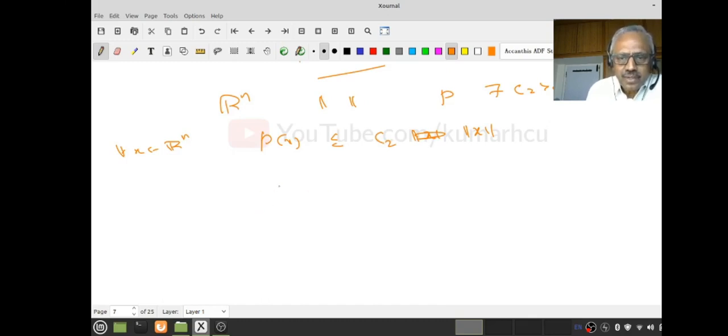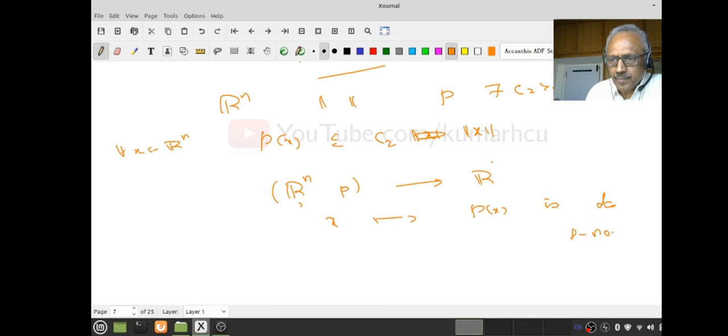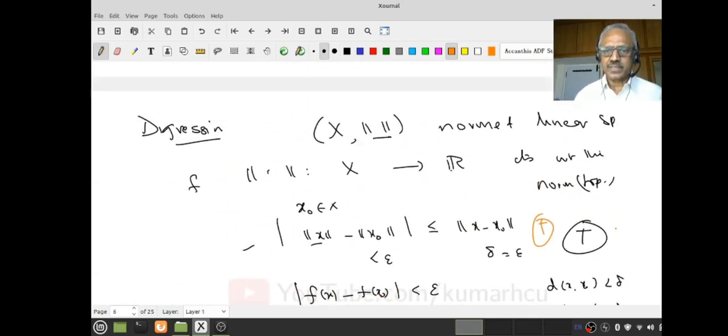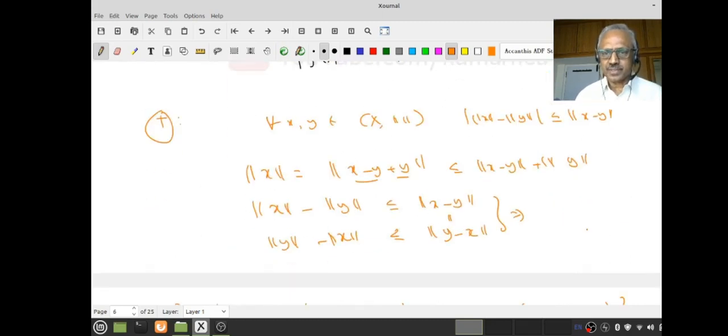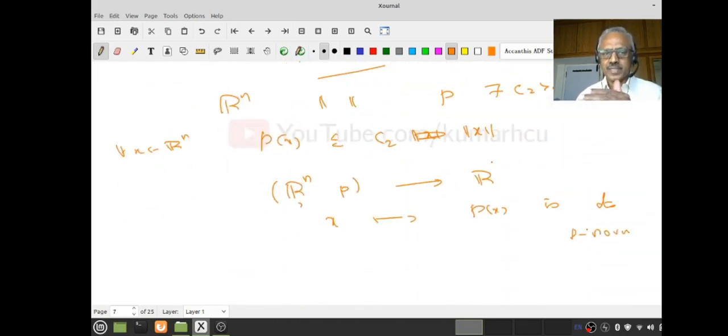See the map x going to P of x, this is continuous with respect to the P norm, right? That's what I proved. On any normed space, the norm function is continuous. Therefore, in the normed space Rn, P, x going to P of x is the norm function. That is continuous with respect to what topology? With respect to the P norm.